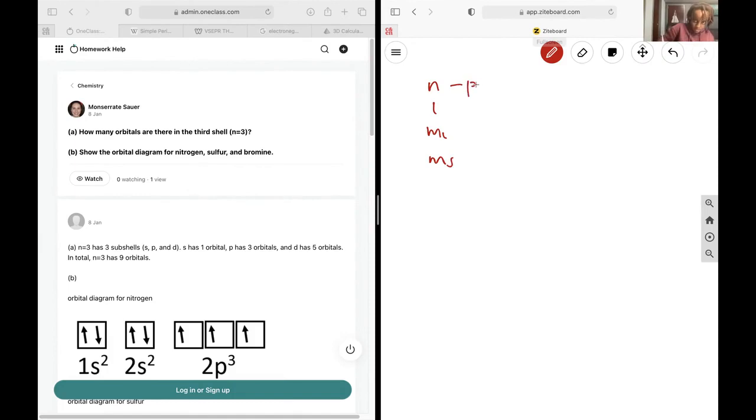And so you have n, which is called the principal quantum number, and n can take any value from 1 to really infinity if you wanted it to. L is called the angular momentum quantum number, and L can take any value from 0 all the way until n-1 is the highest value that it can take.